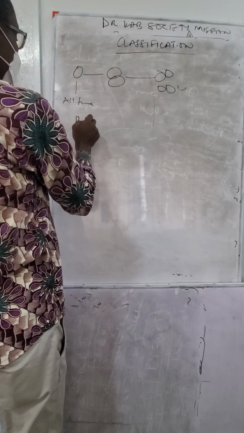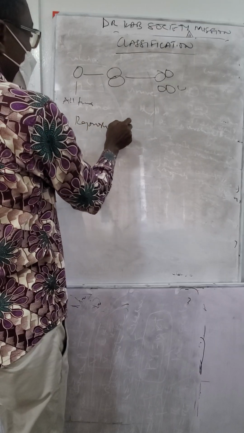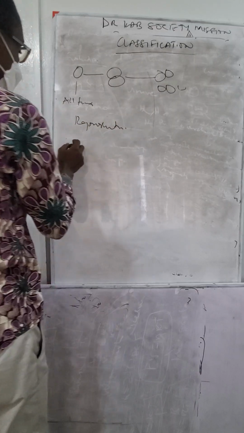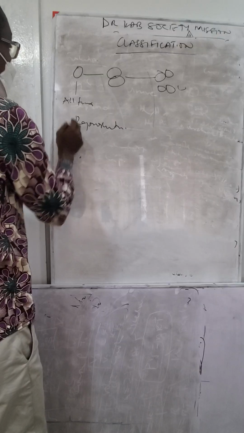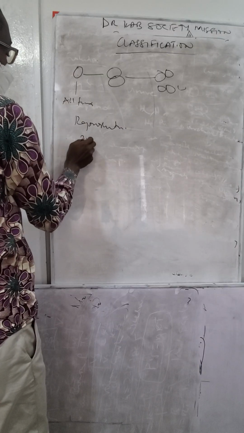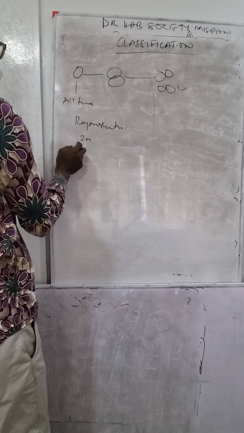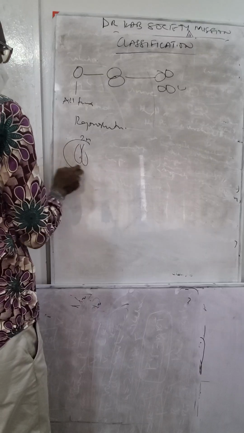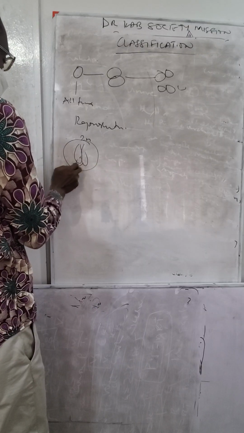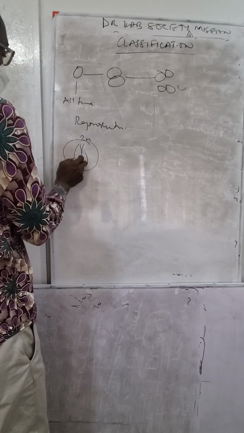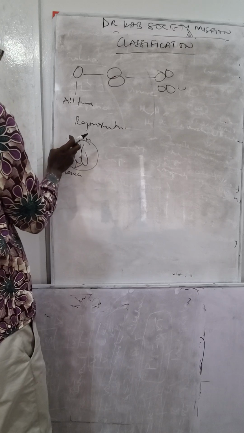So let's say a very small one is 2n. That means it has two genetic materials together as an organism.